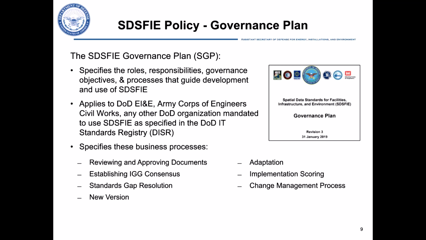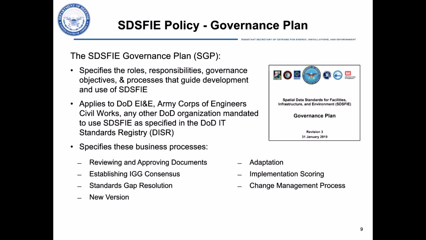Oftentimes, the particular business process specified in the governance plan requires many steps that involve the IG and entities within the SDSFIE community, each having different roles within that process. The SGP defines which organizational elements are involved in each process, what steps are involved, the rules governing the process, and the responsibilities for each step.